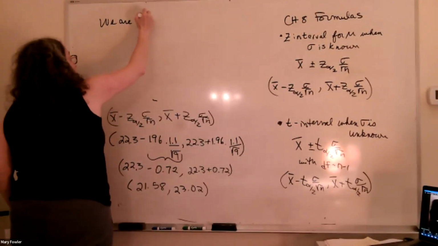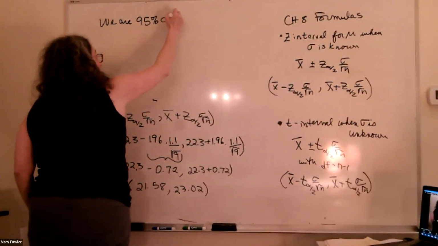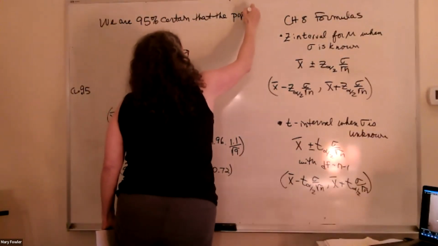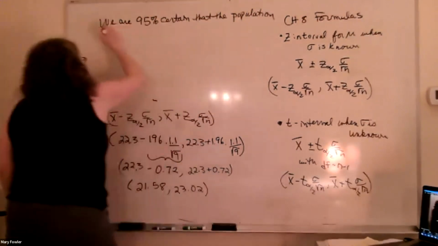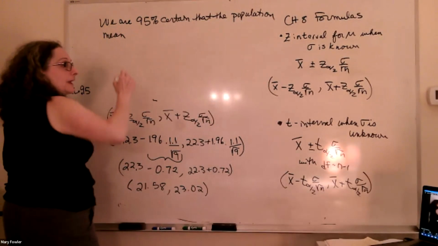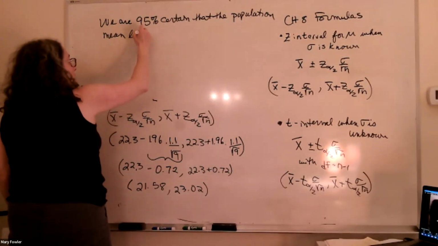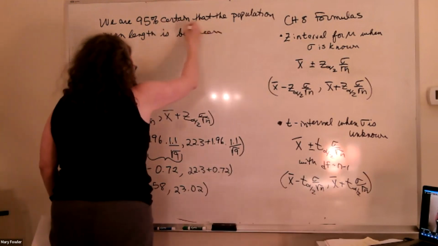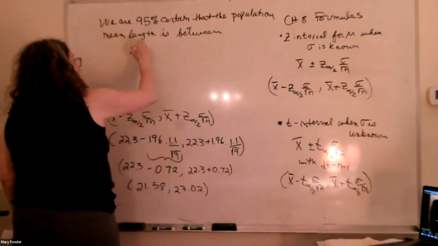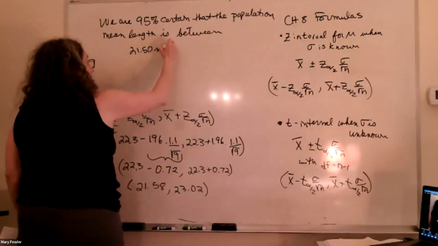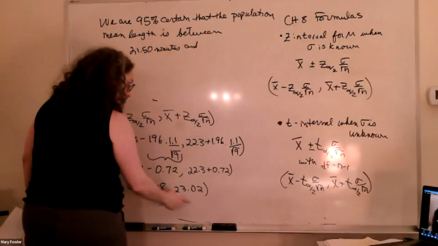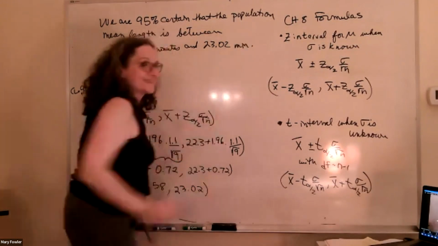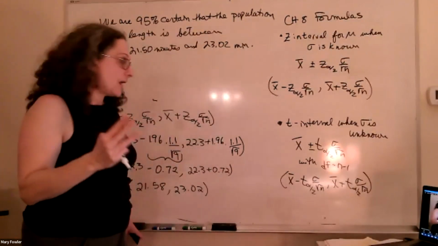We are 95% certain that the population mean video length is between 21.58 minutes and 23.02 minutes.